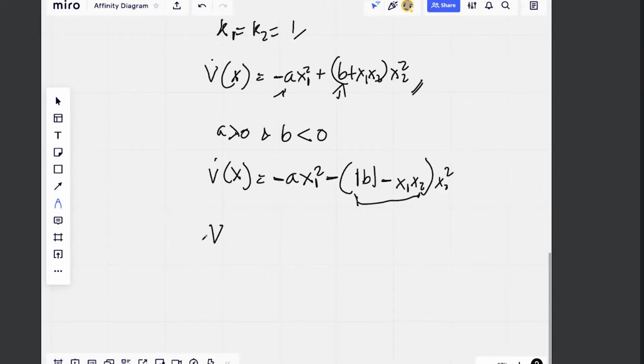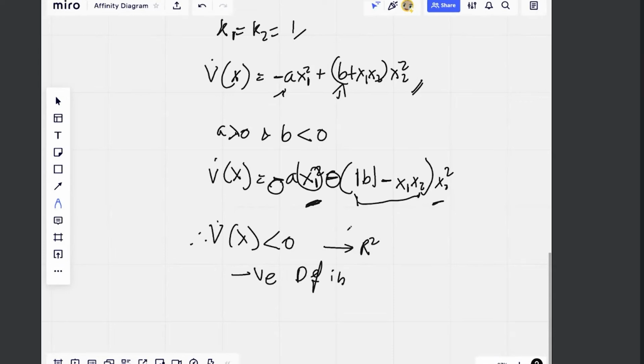So from this we can tell that V̇(x) is greater than 0 for some domain in R², because that's the domain we're working with, and it is also negative for some domain in R². So what we can tell from this is that it's negative definite, because of negative terms squared, in whatever domain D we take.